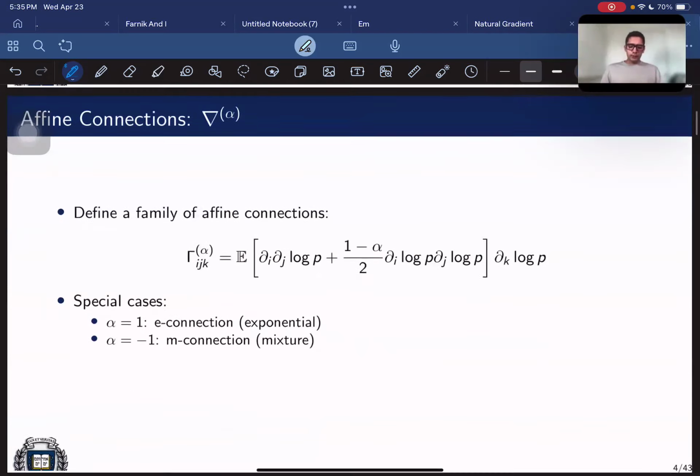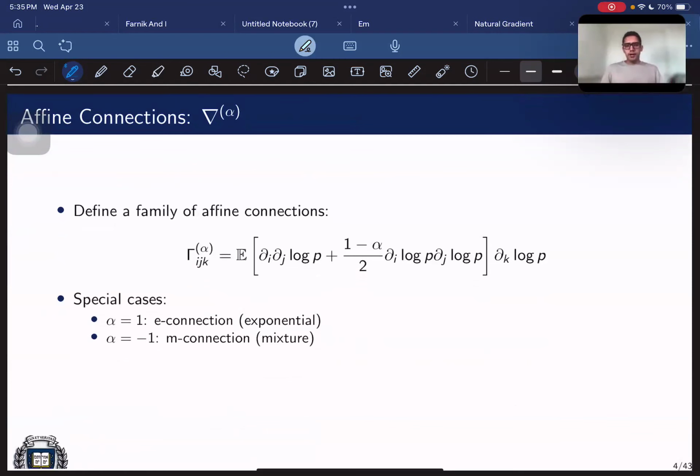Then we discussed the affine connection, the concept that enables us to talk about paths in a Riemannian manifold.